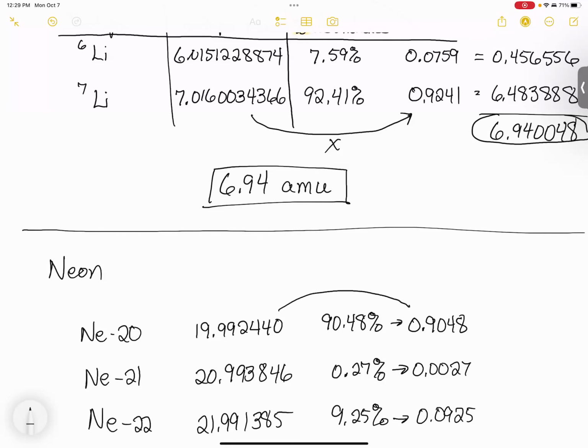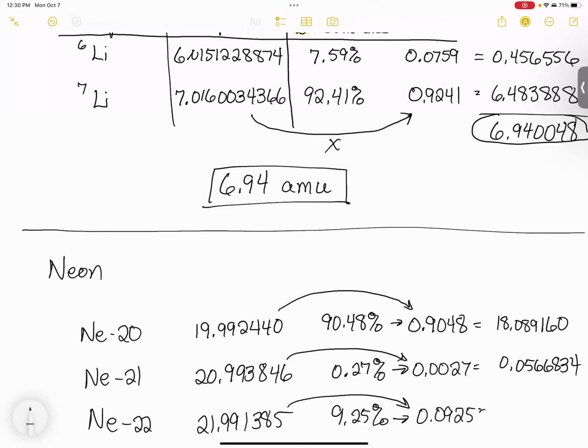You then do the multiplication between the mass and the abundance. So 19.992440 times 0.9048 is 18.089160. 20.993846 times 0.0027 is 0.0566834.